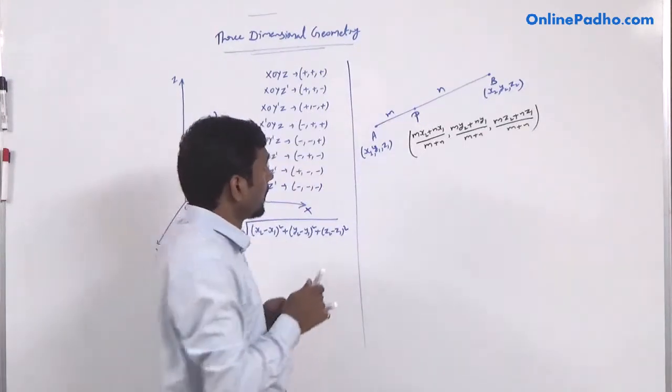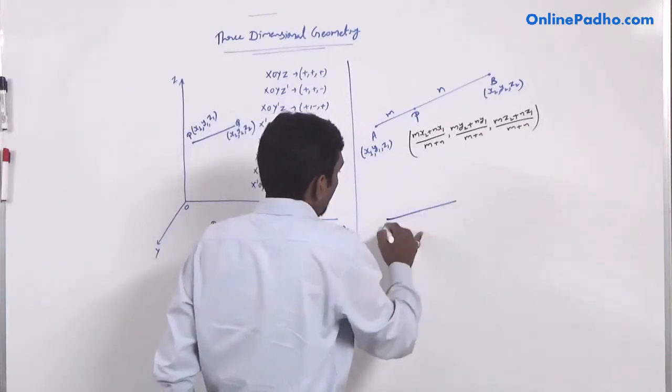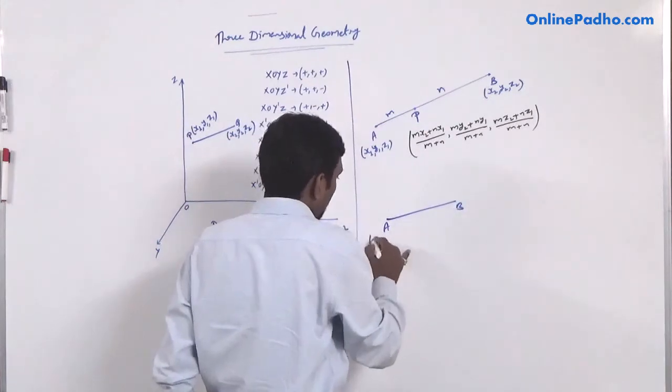But in the case of external division, if we have a line AB and point P externally divides this line.